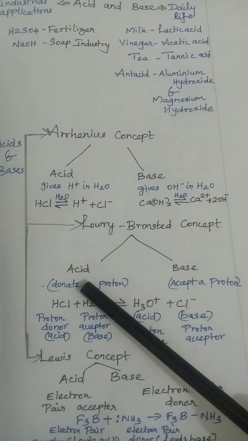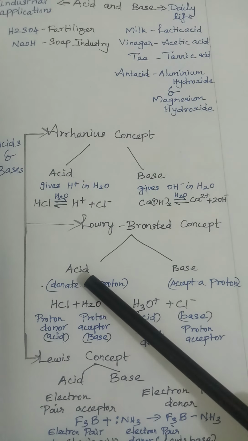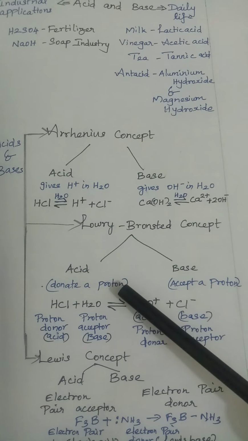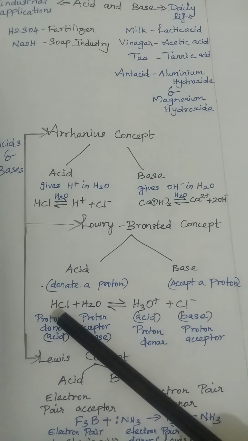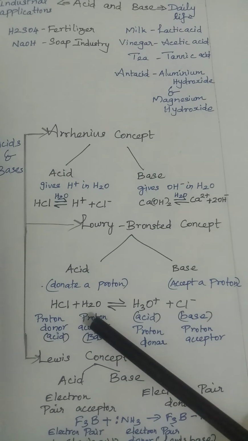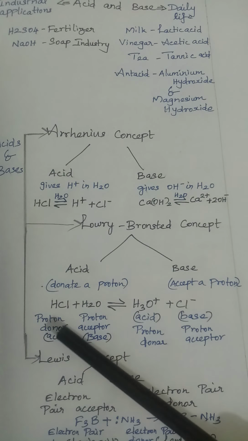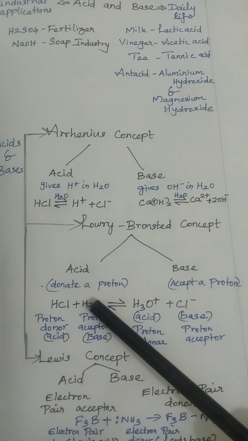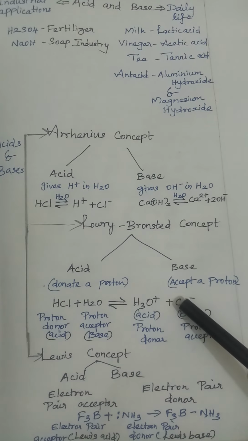What is meant by acid according to Lowry and Bronsted? Acid means donating a proton, according to the Lowry and Bronsted concept. For example, HCl reacts with water to form H3O plus and Cl minus ion. Here HCl donates a proton to H2O and becomes Cl minus ion.